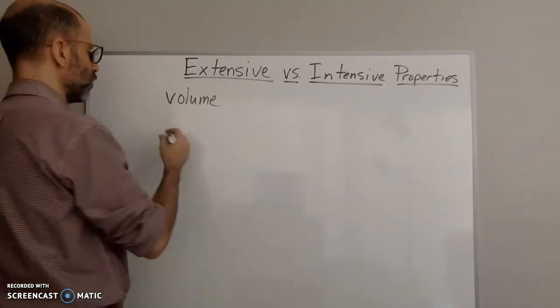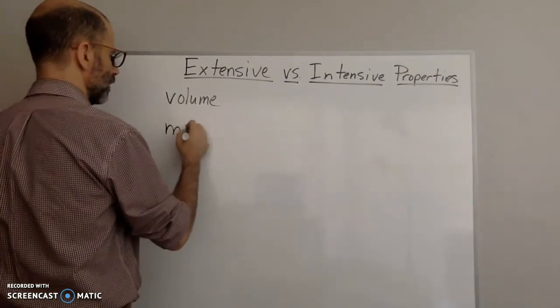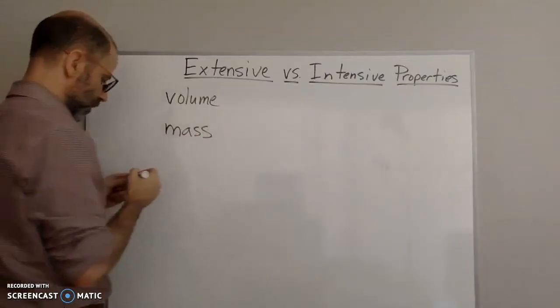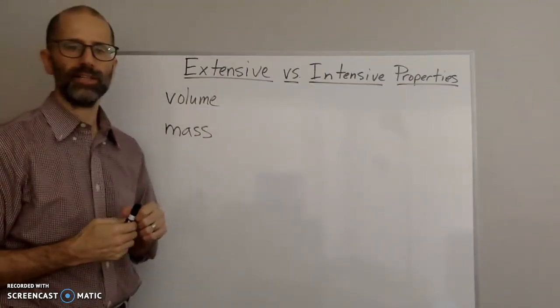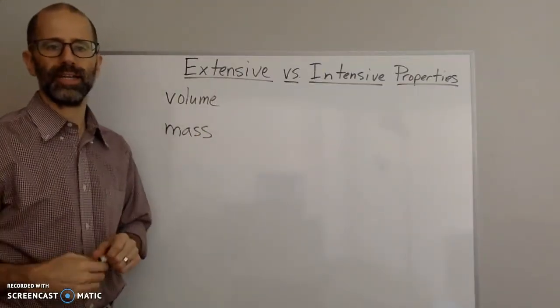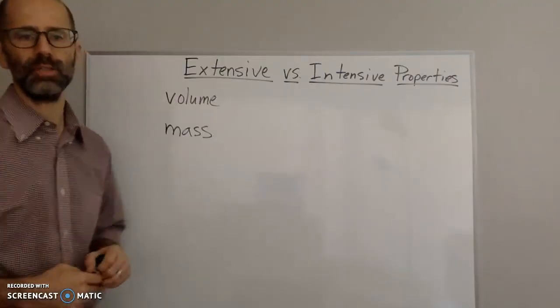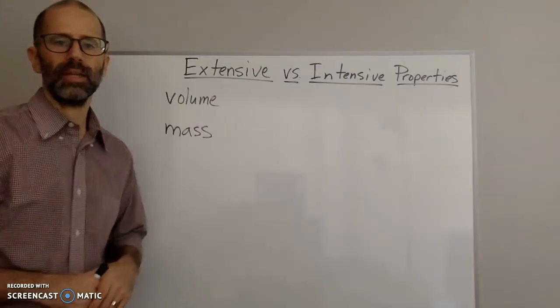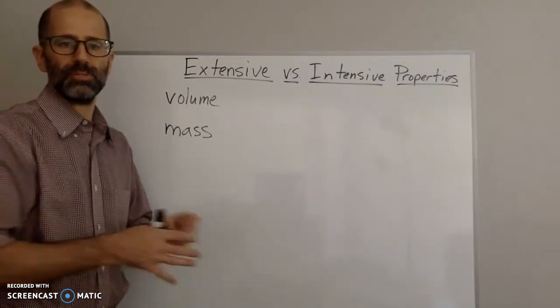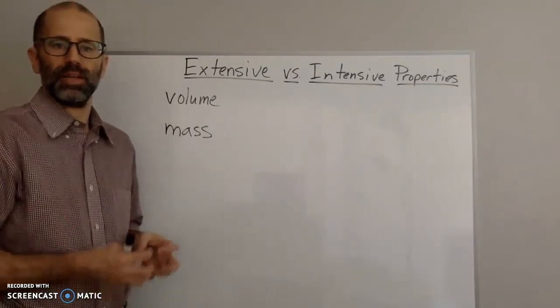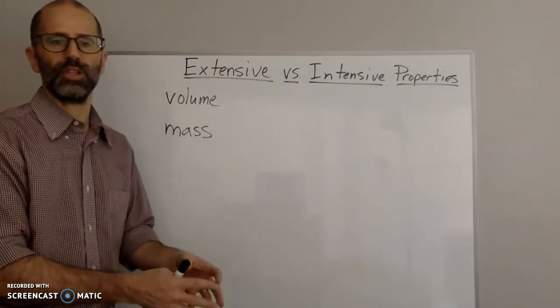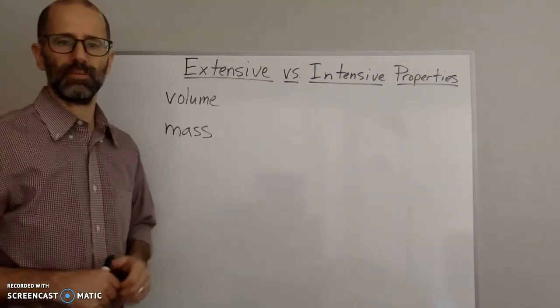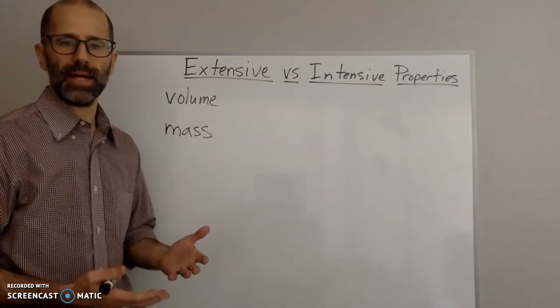Another property is the mass. So if I want to weigh out a cup of sugar or a certain amount of sugar on my balance, I put an amount of sugar on the balance, and the balance gives me back a mass.